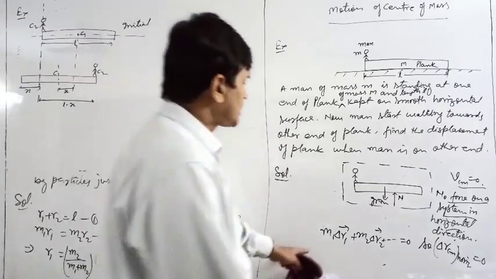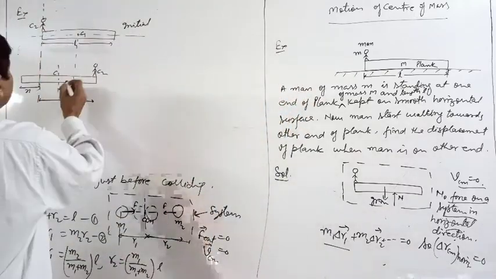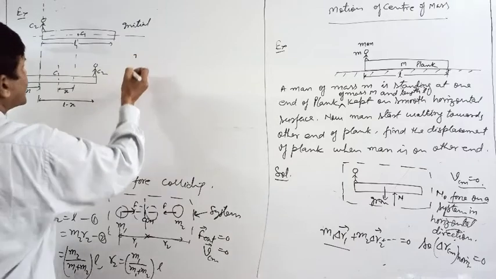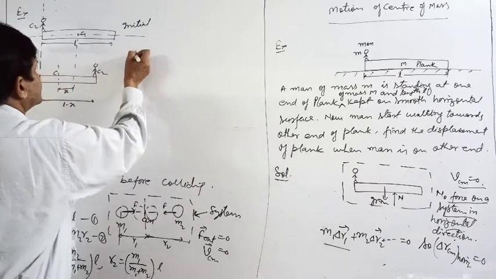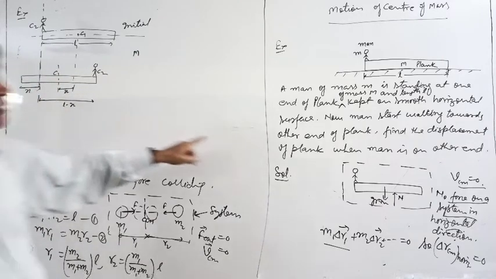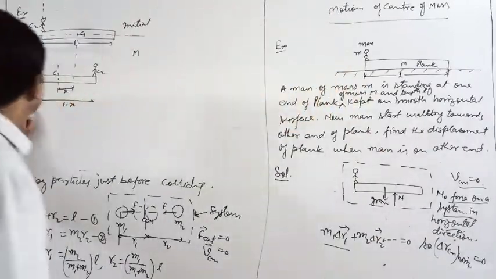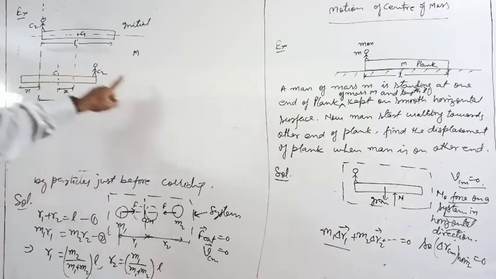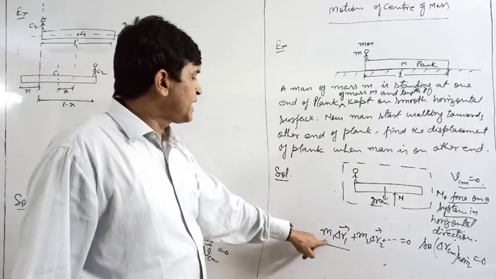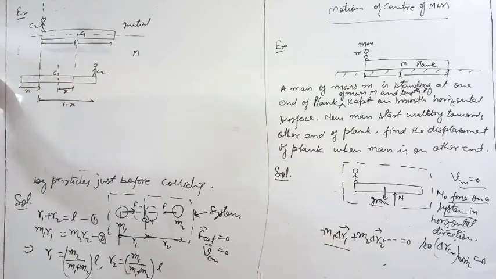Okay. Now you can substitute. Let the plank mass be capital M. We have to find the x value because the question asks to find the displacement of the plank. So M1 is the mass of the plank, delta R1 is the displacement of the plank. There are two displacement directions here, left and right.